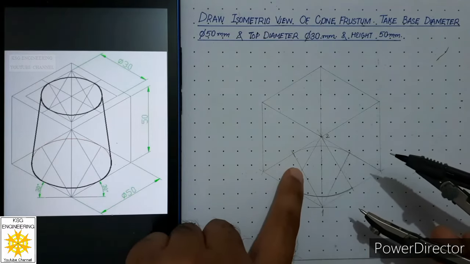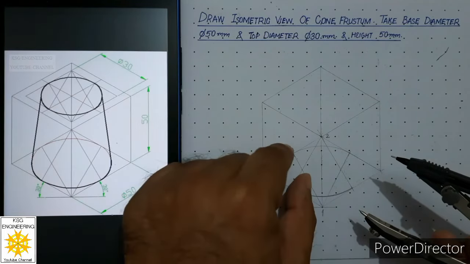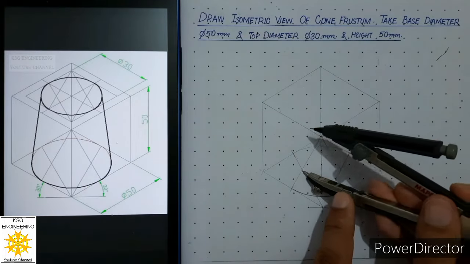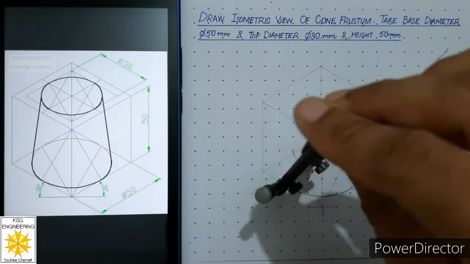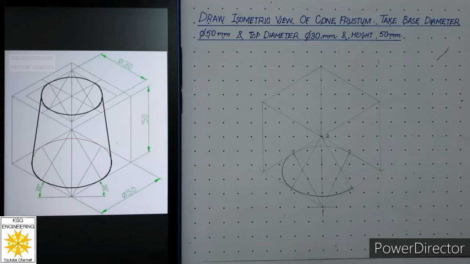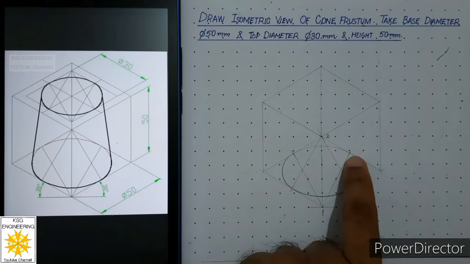And radius will be equal to this distance or equal to this distance because these 2 distances are same. After that, we will place compass at this center and equal to this radius.